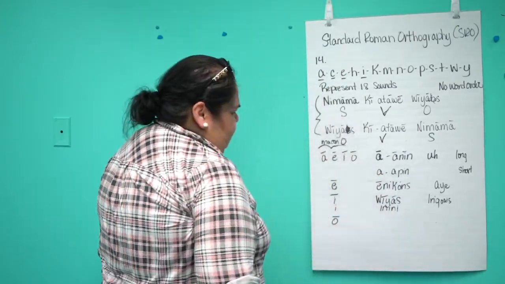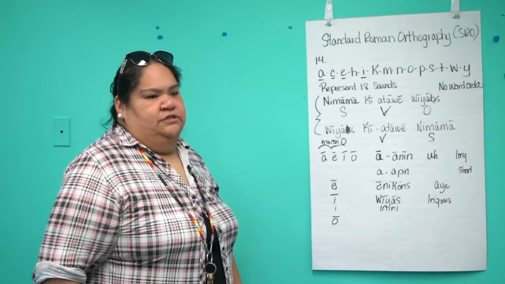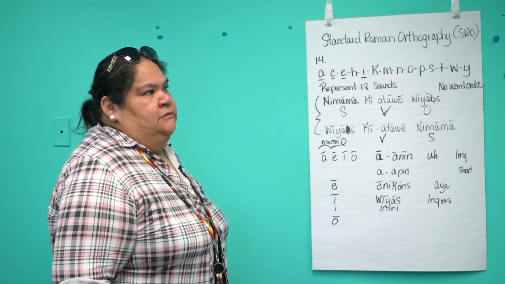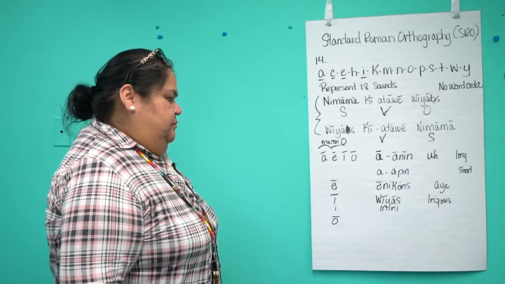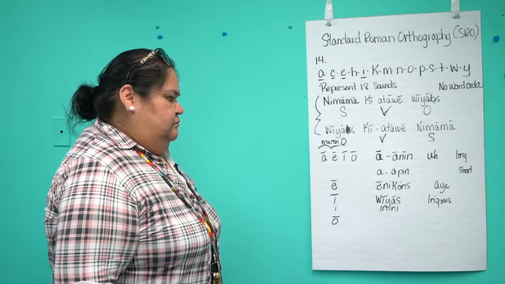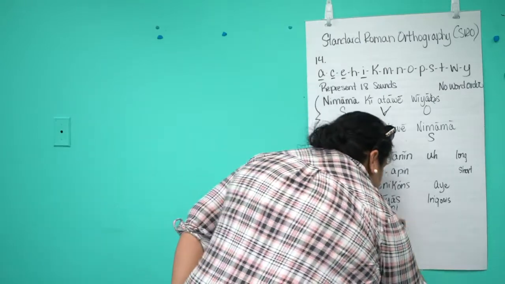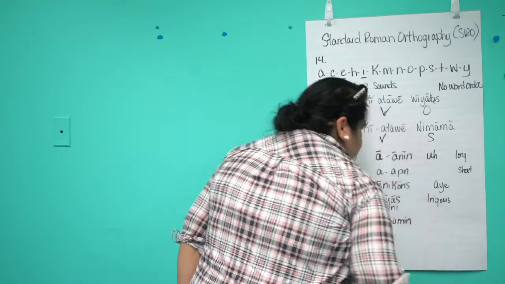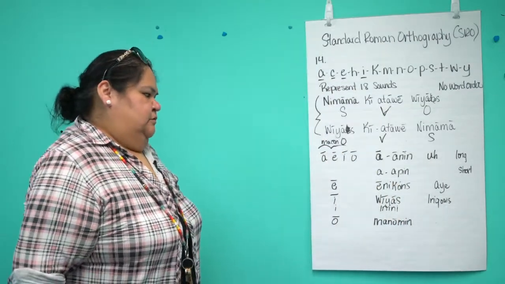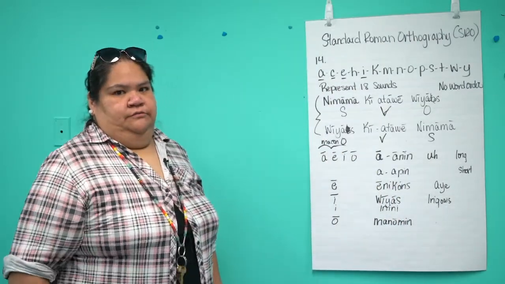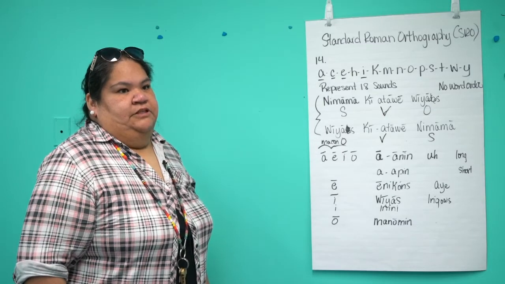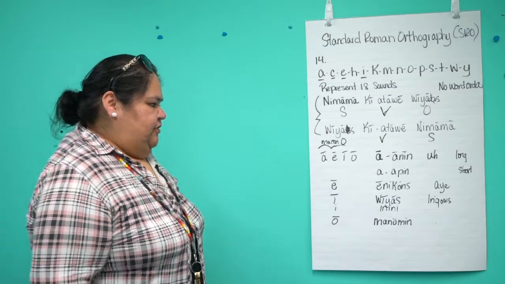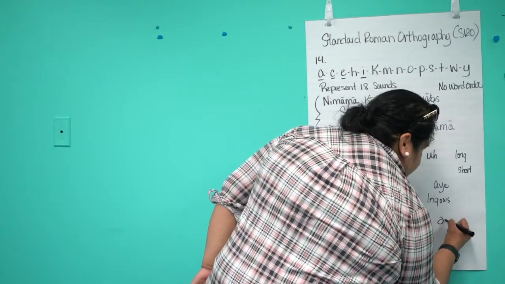An O with a macron is an oo sound. Like, what can be an example? Manomen. Or mano. Or piton. There's all kinds. But that makes the oo sound.